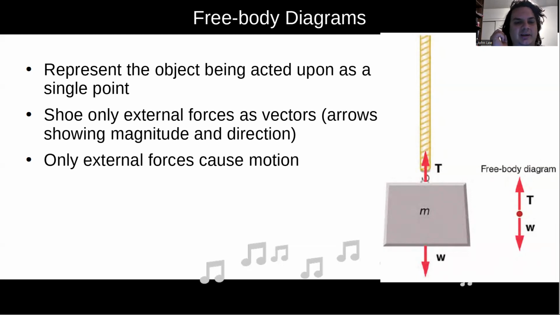But we don't talk about any of those forces when we talk about the net force on an object, because it's going to turn out by Newton's third law that they all cancel out, and more on that later.